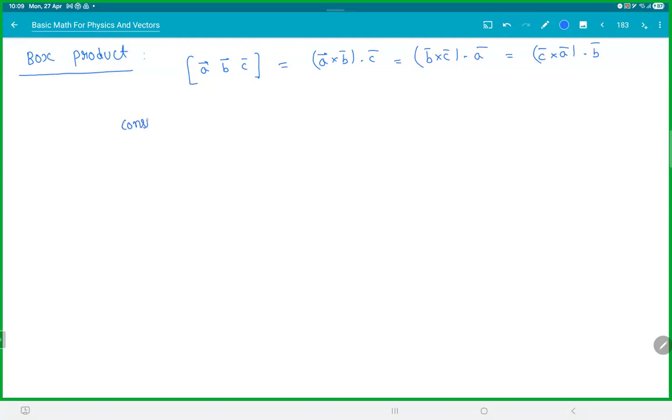Consider a three-dimensional parallelogram. A three-dimensional parallelogram is called a parallelepiped. It's like a square becomes a cube, a rectangle becomes a cuboid, a parallelogram becomes a parallelepiped, formed by A bar, B bar, and C bar.